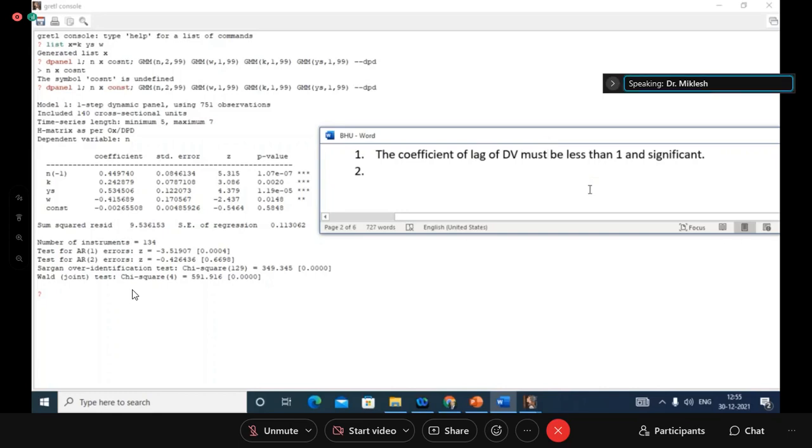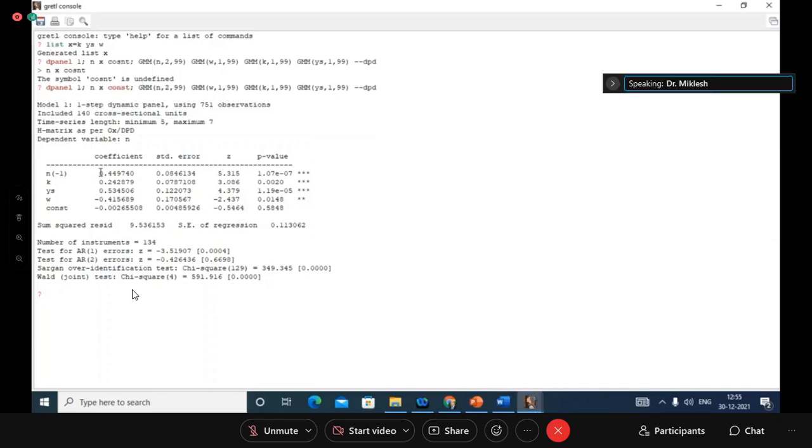If it is not like that, it means there is no requirement of dynamic. Again, I'm repeating. For example, here, let's say the coefficient of n minus 1 is 0.449740.